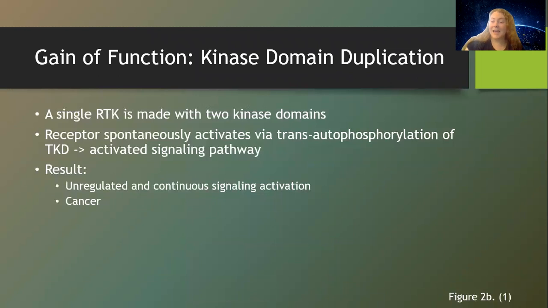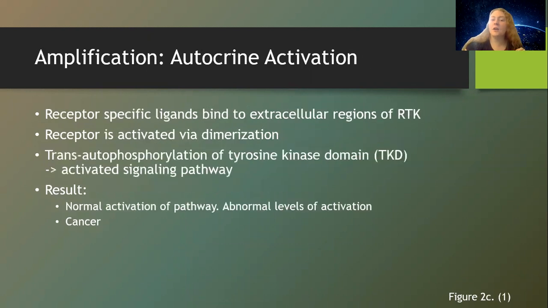It could be cancer, or it could just be unregulated and continuous signaling activation in some way. This particular type of domain duplication has been implicated in a lot of different types of cancers. The next one we're going to talk about is autocrine activation, which is a type of amplification activation.